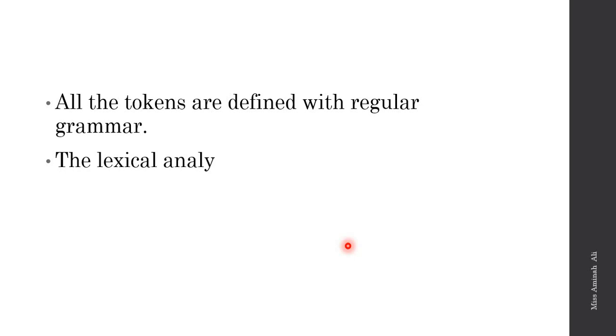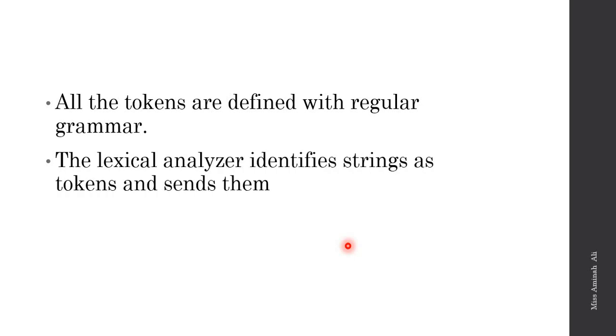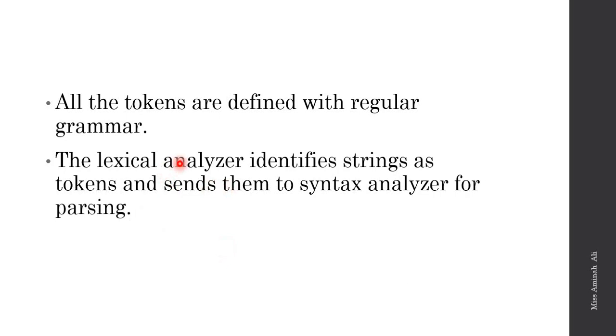We will discuss it later. All the tokens are defined with regular grammar. There must be some regular grammar by which we can define tokens. It is not that we just randomly pick up words; we read the stream and tokens are made. There are certain rules and regulations by which tokens are made.